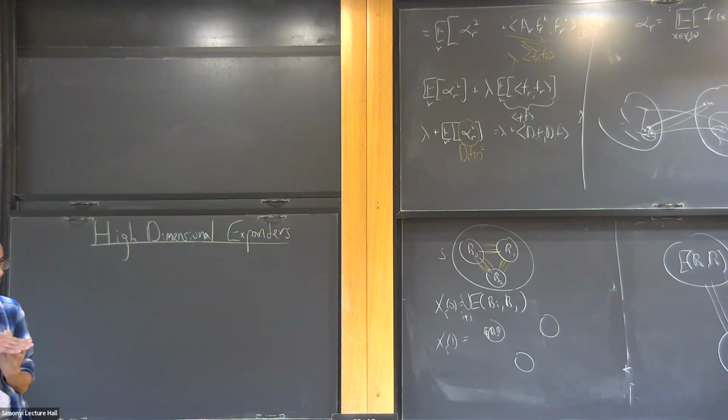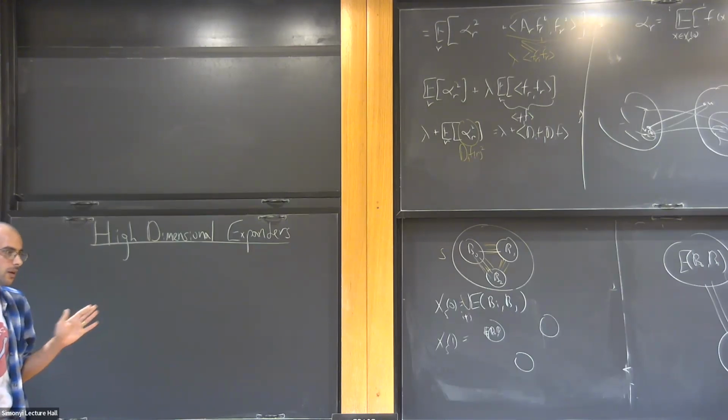You want to say something about the relation of this definition, the random walk definition, to other definitions of high-dimensional expanders, even without defining them? Is it stronger than other definitions? Yeah, so it depends on what you mean by other definitions. Comparative expansion. Yeah, so these topological definitions are non-equivalent.